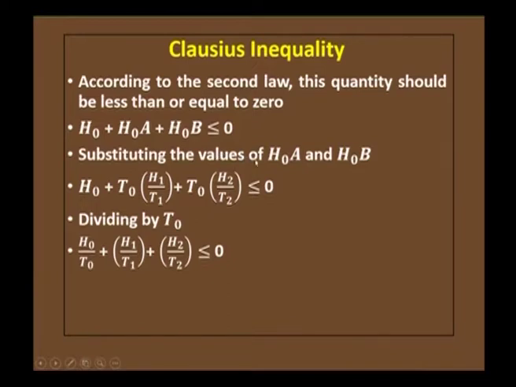Substituting the values of H0A and H0B, we can write H0 plus T0 of H1 by T1 plus T0 of H2 by T2 is less than or equal to 0. If you divide this whole equation by T0, we can write H0 by T0 plus H1 by T1 plus H2 by T2 is less than or equal to 0.